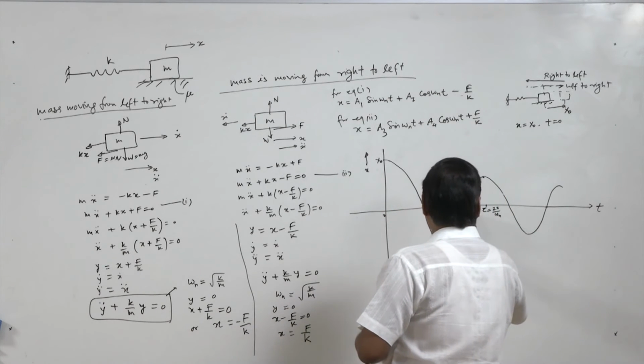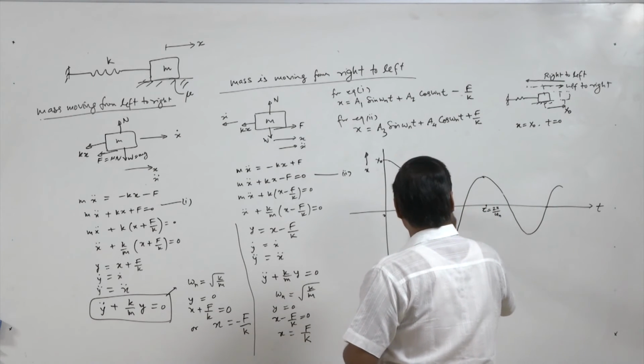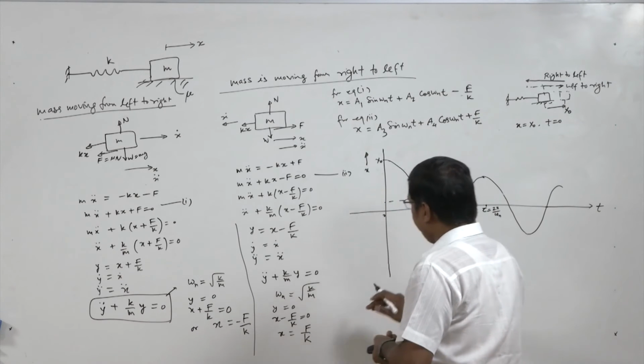And this is pi upon omega n, so this is the half cycle.